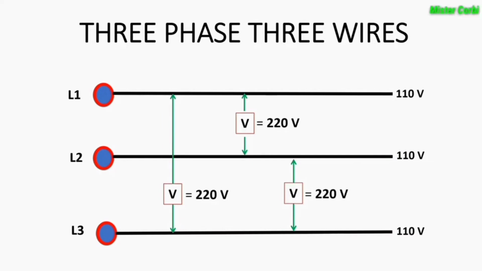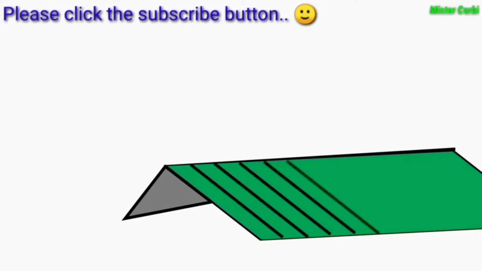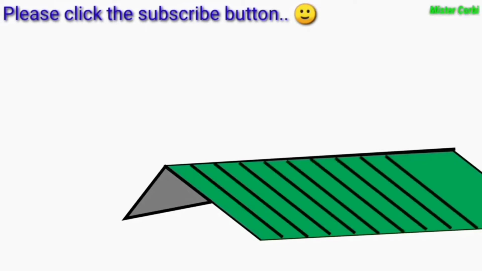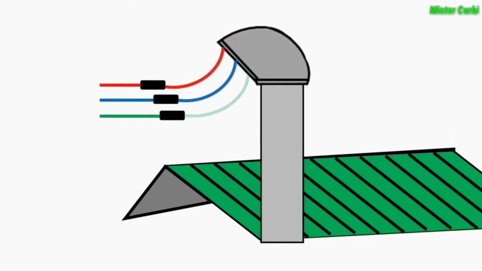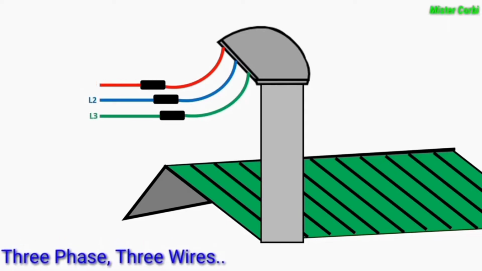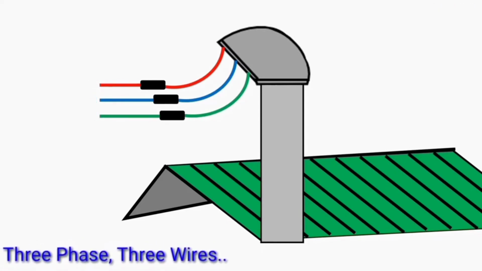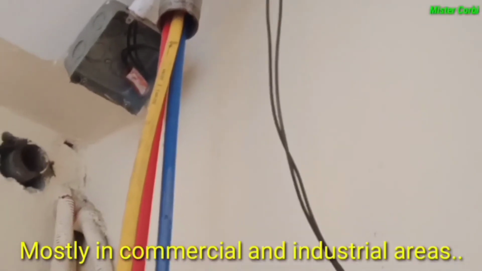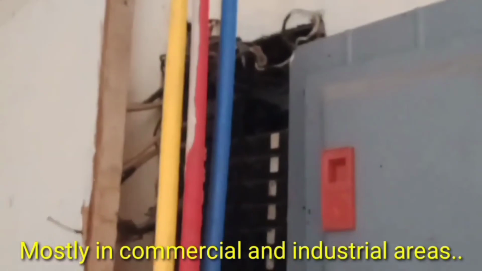And that is three-phase 3 wires. Three-phase 3 wires can be found mostly in commercial and industrial areas.